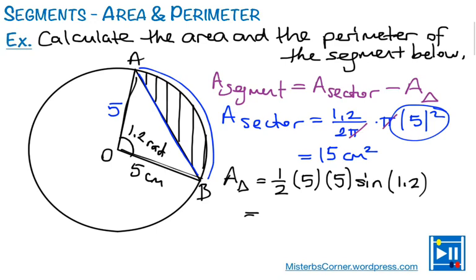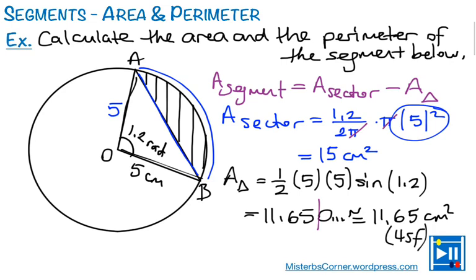Now this will give me 11.650 and so on. To 4 significant figures, I'm going to write this approximately as 11.65 centimeters squared. This is 4 significant figures, and then I'm going to take away the area of the triangle from the area of the sector.